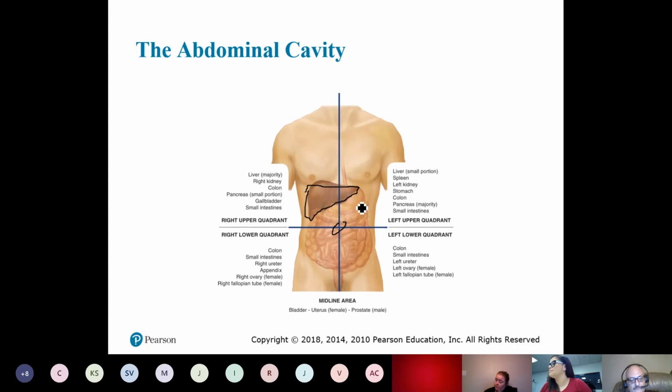Okay? Now, normally in class, I would have you guys draw this out. Underneath the liver, right in here, is the gallbladder. Then we have the stomach. It's a left upper quadrant organ, but it does go into the right side. Underneath the stomach, we have the spleen.